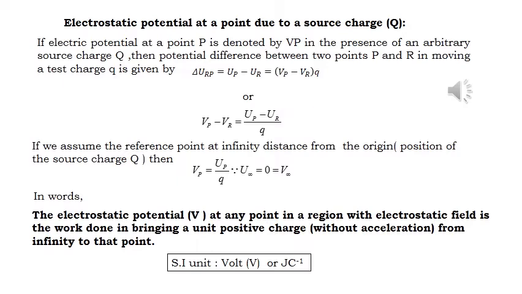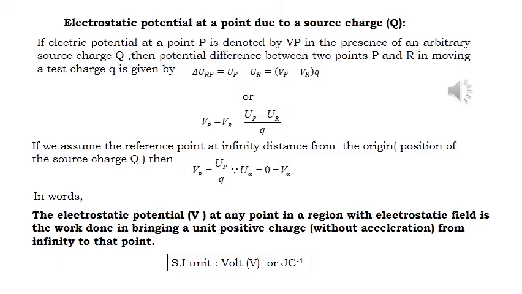potential difference, not potential energy difference, between the two points: V_P minus V_R. So V_P minus V_R is nothing but the potential difference between the two points P and R. The product of the potential difference and q equals the change in potential energy of the moving test charge q.